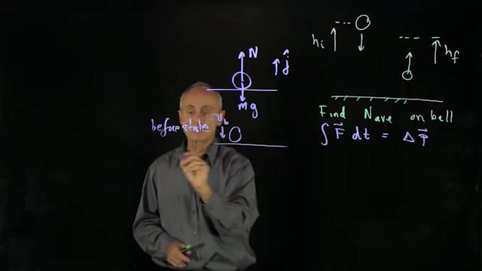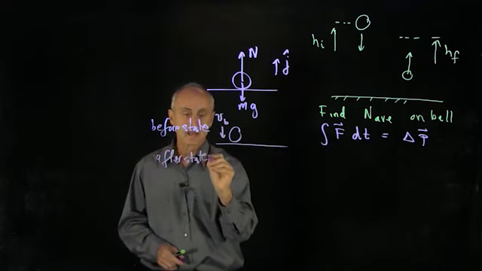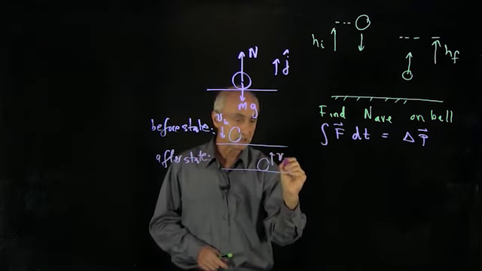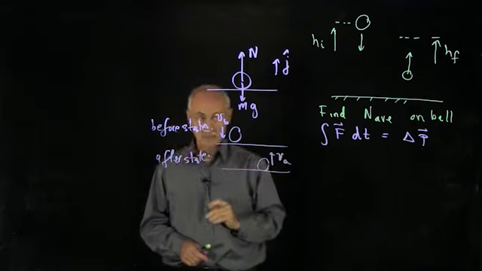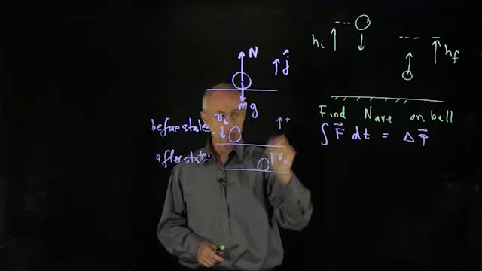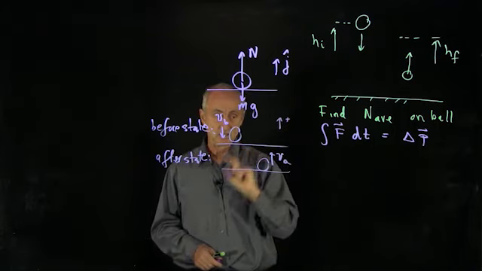And we have an after state, in which the ball has now finished colliding with the ground, and it's now moving up with speed v after. Now, again, we're going to choose positive up. Here, I'm representing things as speeds.